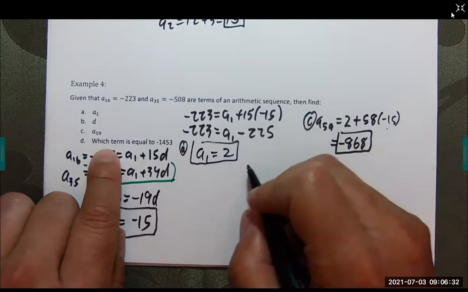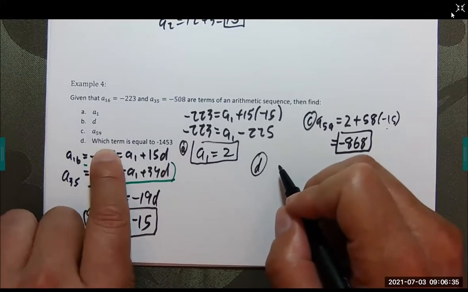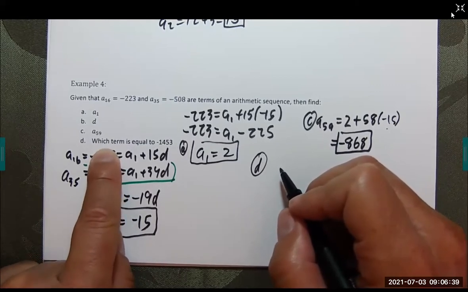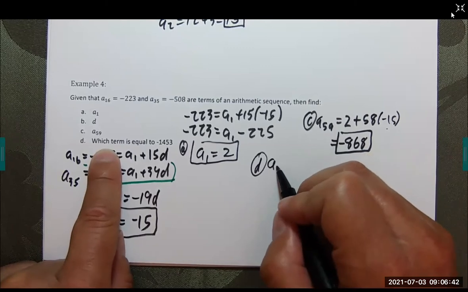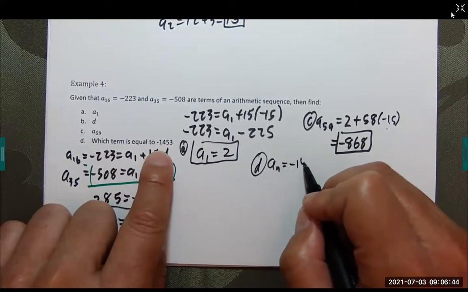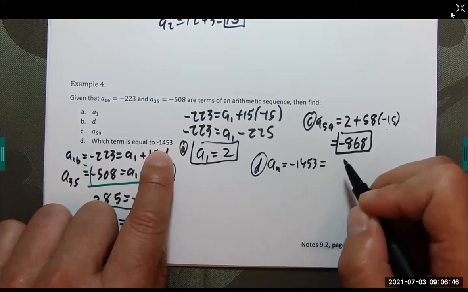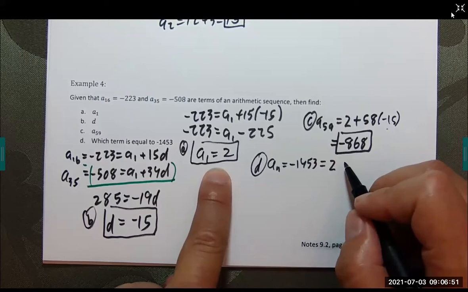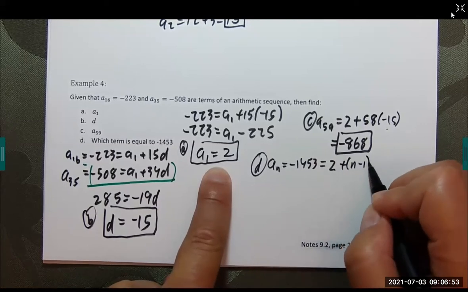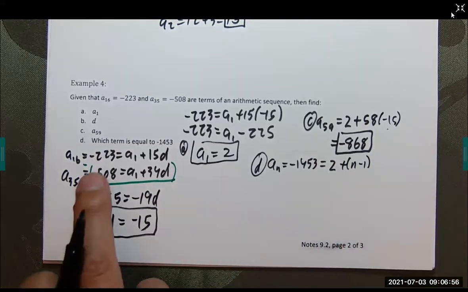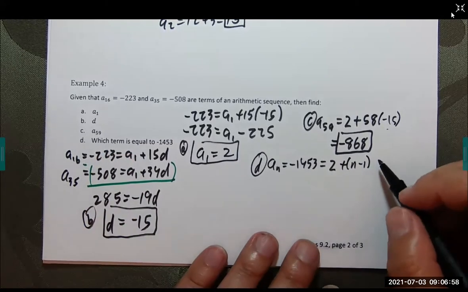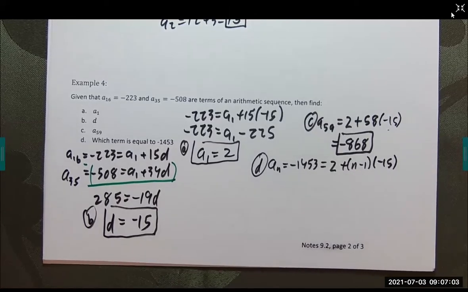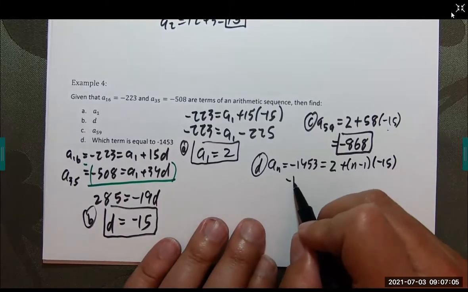Part D, they want to know when A sub n is negative 1453. That's going to equal A sub 1, which is here, 2, plus n minus 1. We don't know what n is. That's what we're looking for. That's what they're asking for, which term, times D, which we know is here, negative 15. So now we have a nice linear equation to solve.